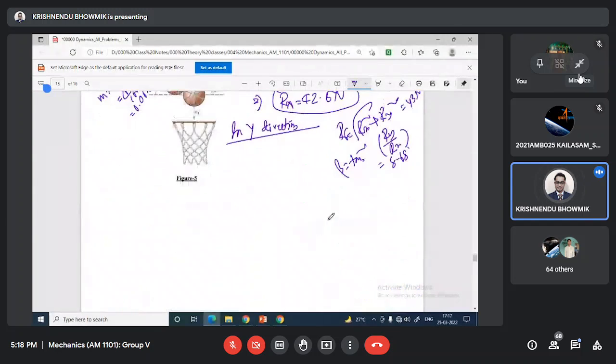Let me write down here what we got initially. L theta dot equal to VB MA plus MB by MA.